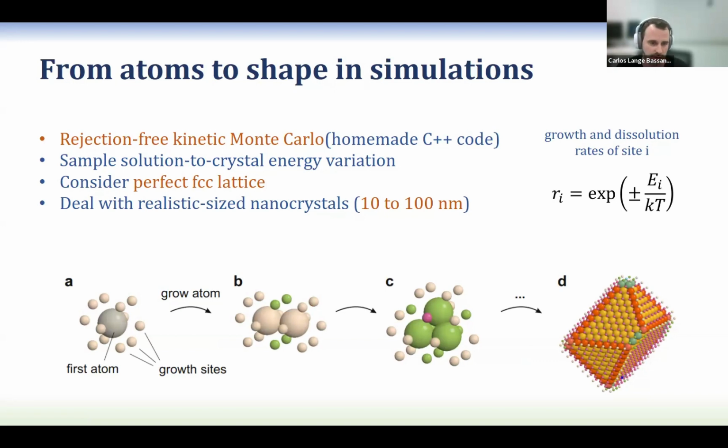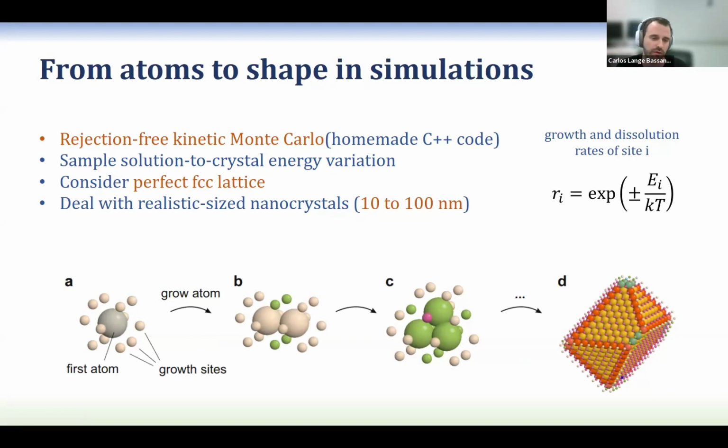And for that, what we propose is a rejection-free kinetic Monte Carlo code. What we do is, first we insert an atom in the simulation domain, and then we consider a perfect FCC lattice, and we consider that the next atom can be grown into one of these 12 positions that define this face-centered cubic lattice.